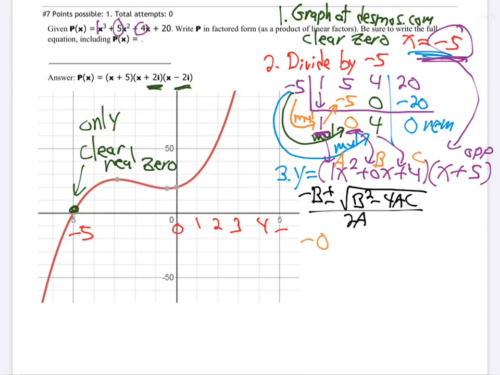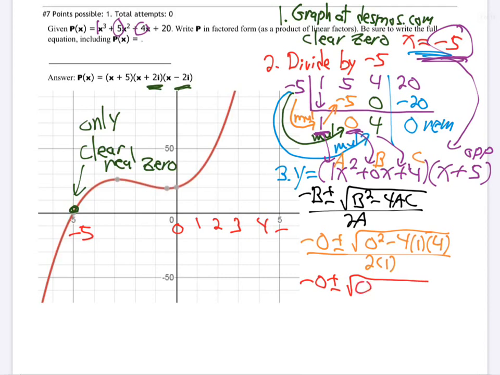So -0 plus or minus the square root of b squared minus 4 times a, which is 1, times c, which is 4, all over 2a. And so what's that? That's going to be -0 plus or minus the square root of 0 minus 4 times 1 times 4 is 16, all over 2 times 1 is 2.